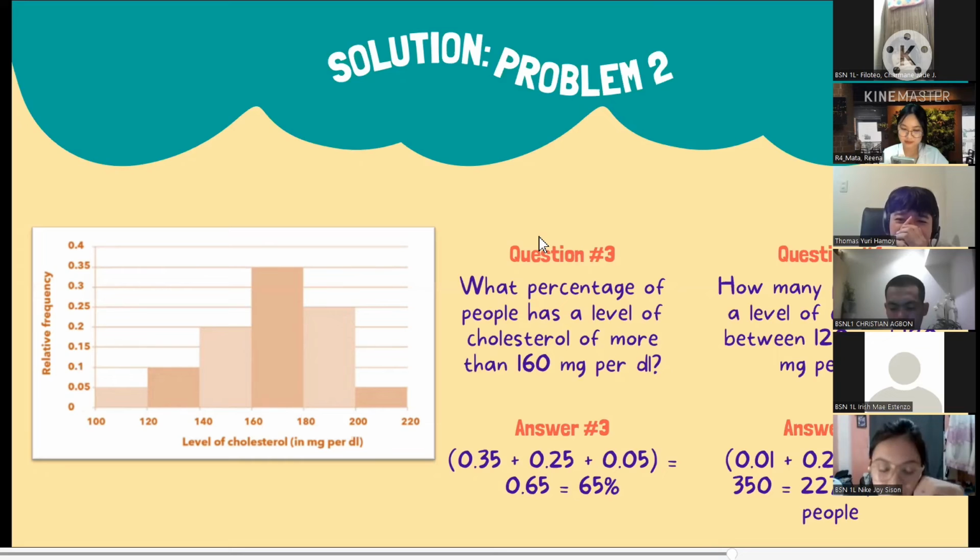Add those three and multiply it by 350. So again, in question number 4, the people who have a level of cholesterol between 120 and 180 milligrams per deciliter are 227.5 or 228 people.